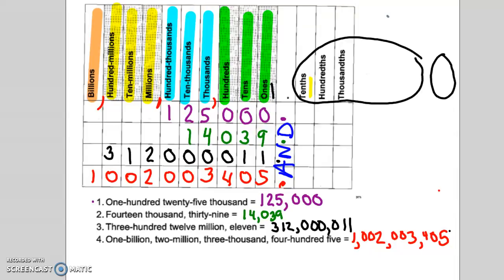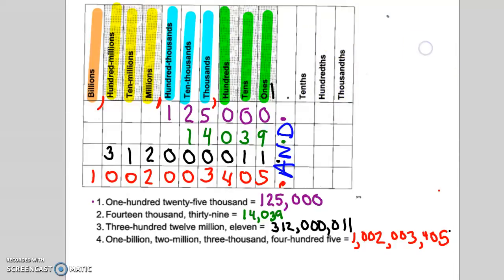So in this space over here, let me erase this mess I made. Okay, so over here, I would like it if you could write a dime in that space.